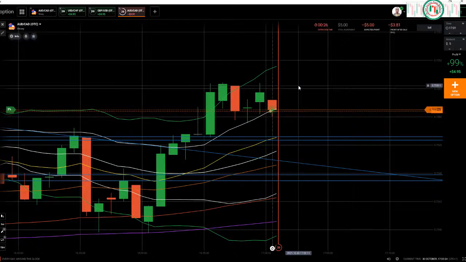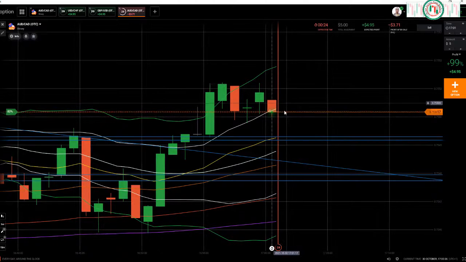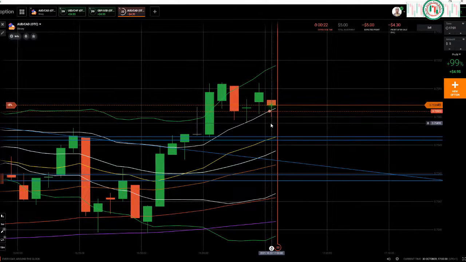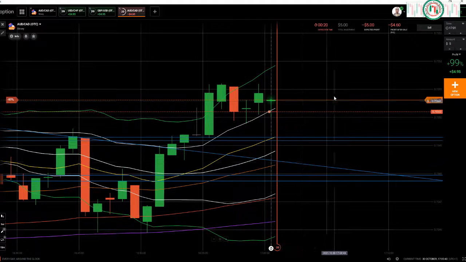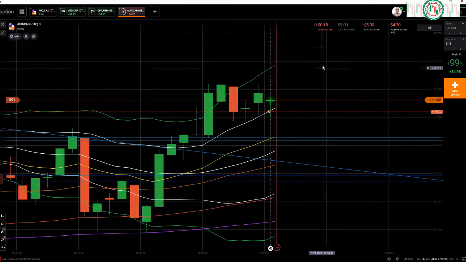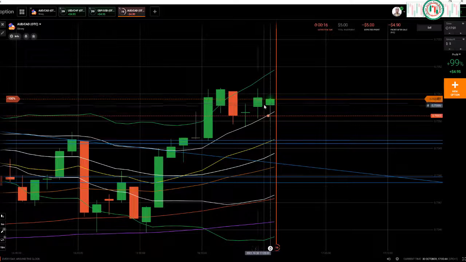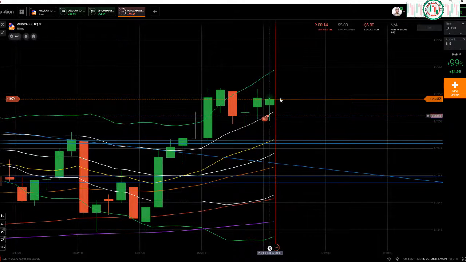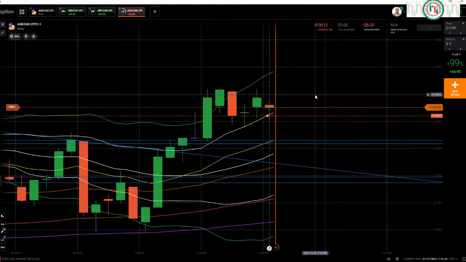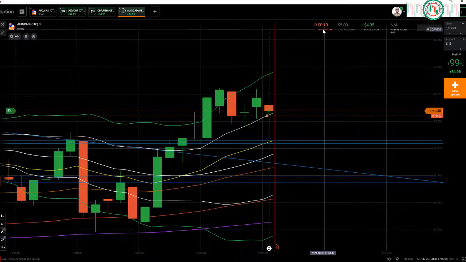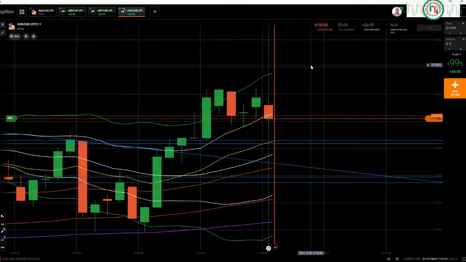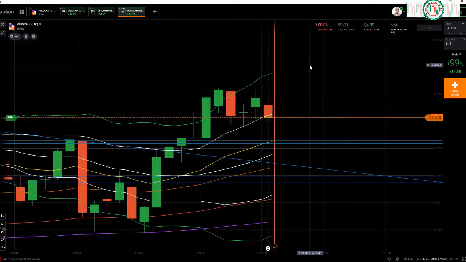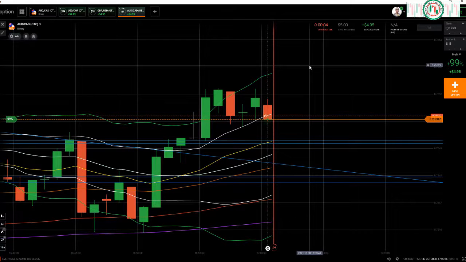Nice, I know it must break this level, so let's see. Even though the market is doing some panic, it must break this level. We have 10 seconds, you see. The market is breaking the level.